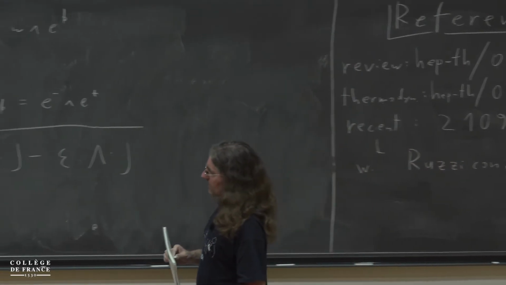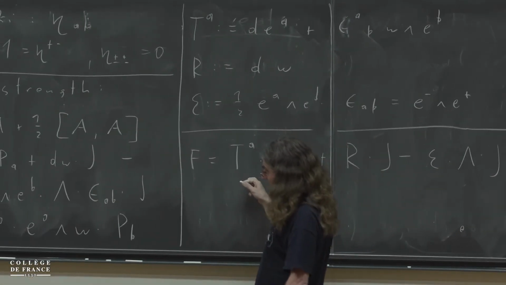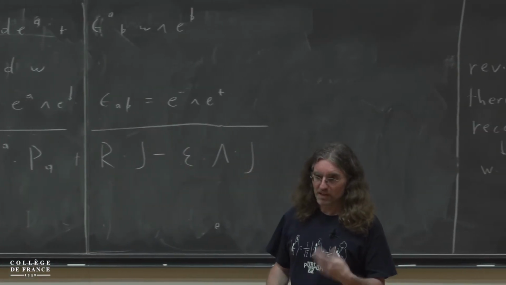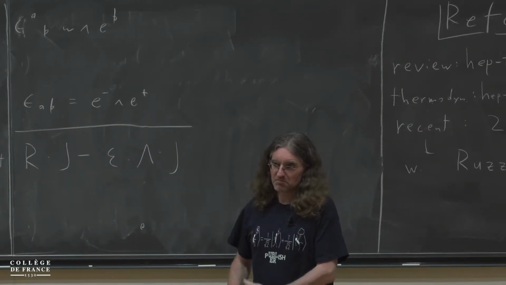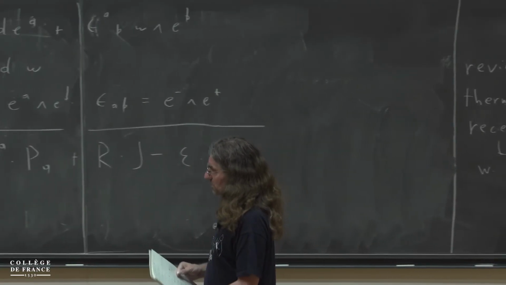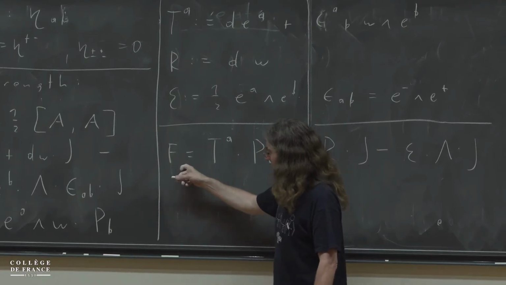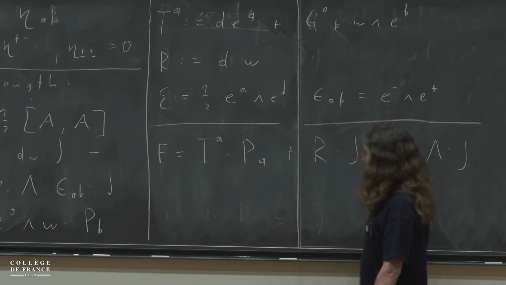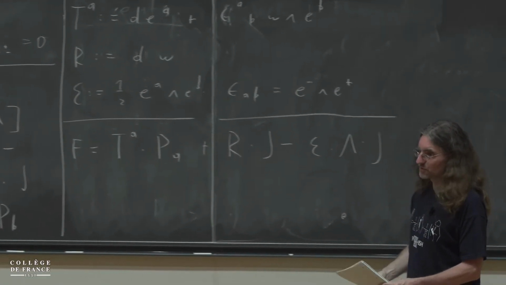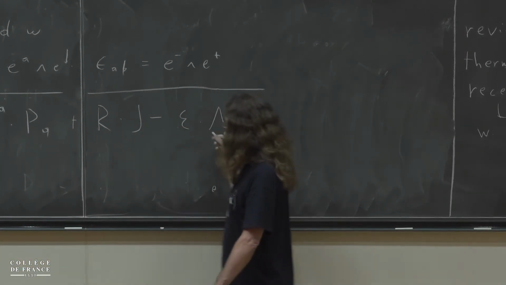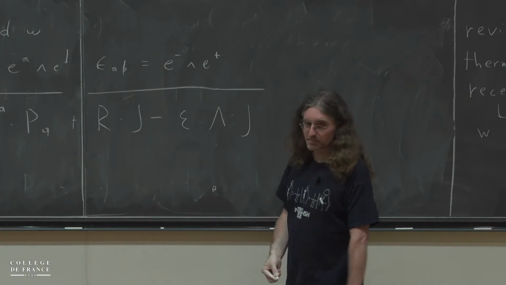And having a two form is convenient in two dimensions because two forms you can naturally integrate, and we're interested in writing down an action. So any two-dimensional action should be the integral over some two form. So this is a natural candidate. The problem is that this still lives in this Lie algebra SL2. So in order to get rid of these generators, we have to introduce some additional structure.